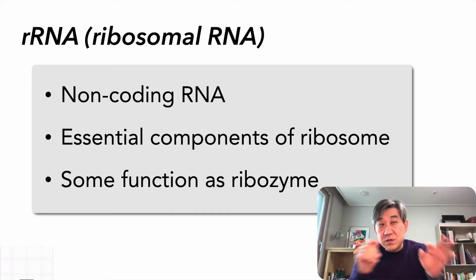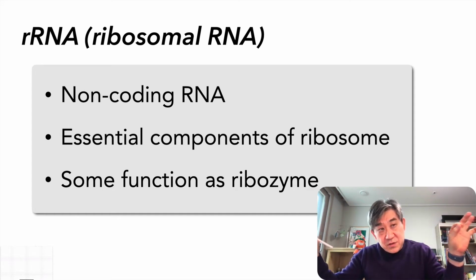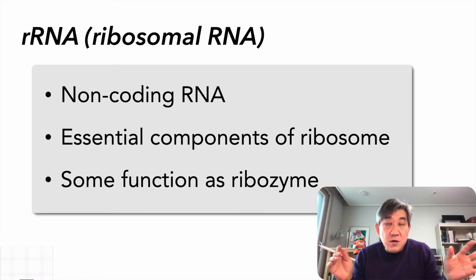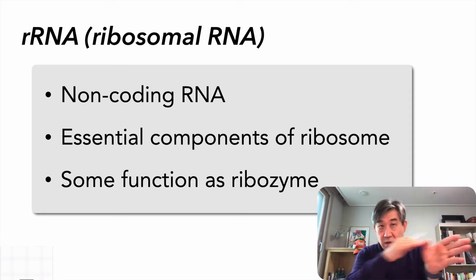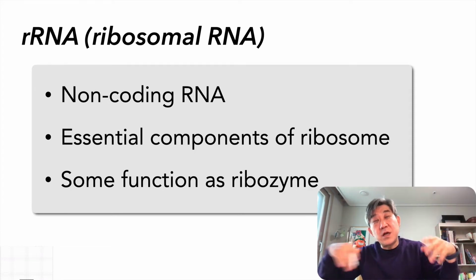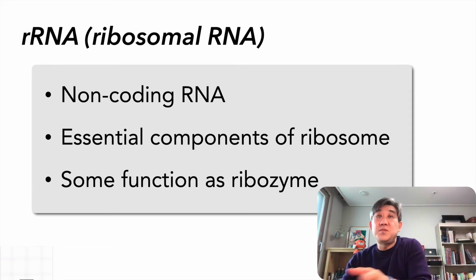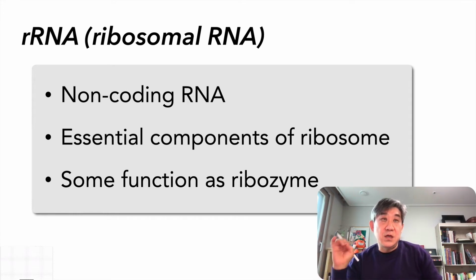If you read the messenger RNA sequence, then you have a very good idea about what type of amino acid will be assembled, and which amino acids will be connected to result in any particular kind of protein.